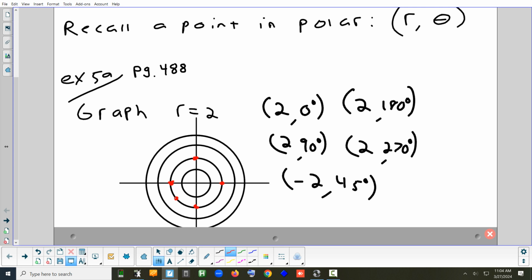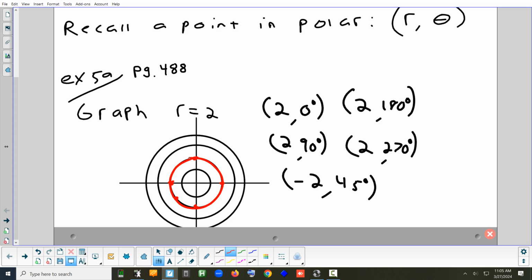If we kept drawing more and more and more points, what kind of graph would we have? A circle. Yeah, r equals 2 is the graph of a circle in polar. And your calculator can do that. Okay, it can graph r equals 2.